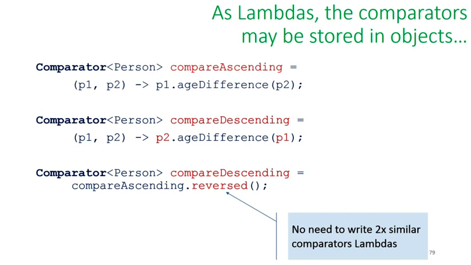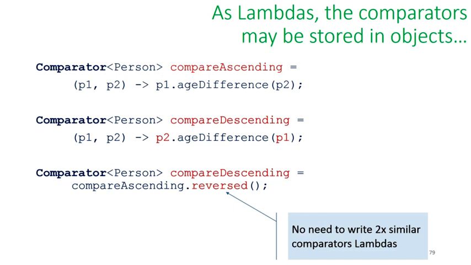So we have a method called, appropriately enough, reversed. We can call reversed on a comparator. If you call reversed on the comparator, what you get is another comparator as result. So it's one of those: I modify a lambda, I get a new lambda. You had a lambda in compare ascending. Now you're getting a lambda that is pretty much the sign inversion of the result of the other lambda that you defined.